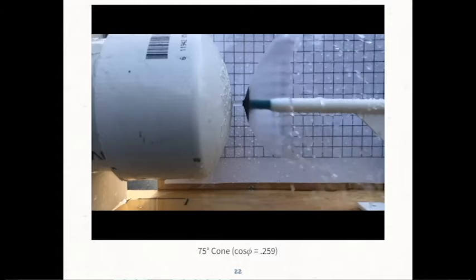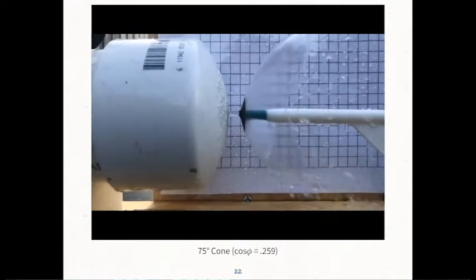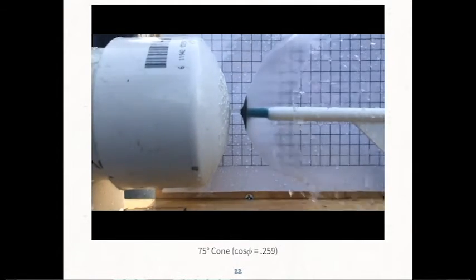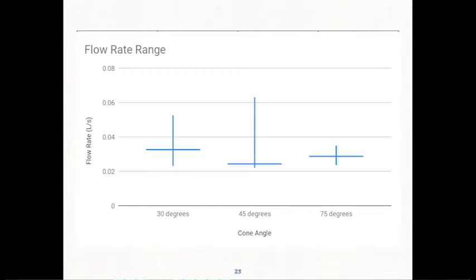Using the same flow that we would get making the water bell, we would measure the time that it took to fill a 1-quart bucket. This way we could get the time and a volume in order to get a flow rate. Then we would lower the flow using the valve, and also raise it, to the point where a water bell barely formed, and then measure the time again to get a minimum and maximum flow rate.